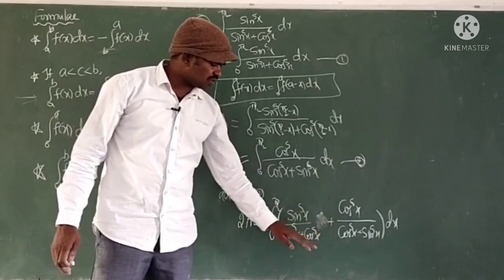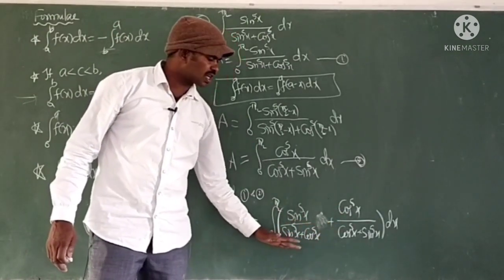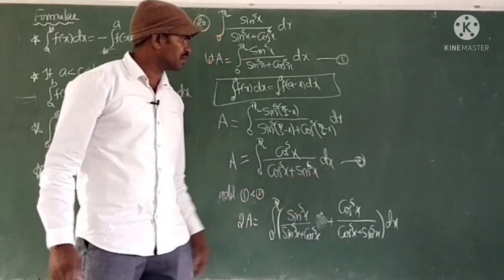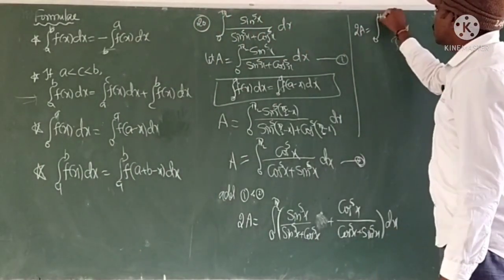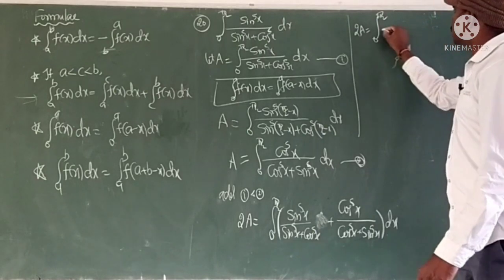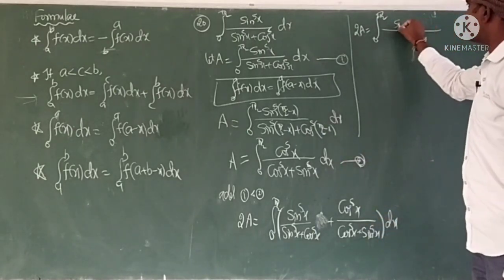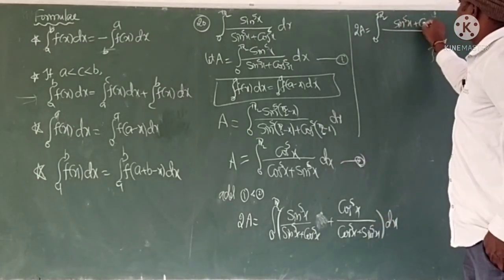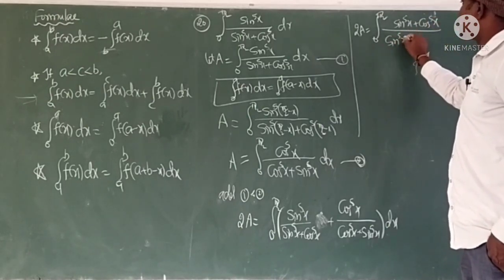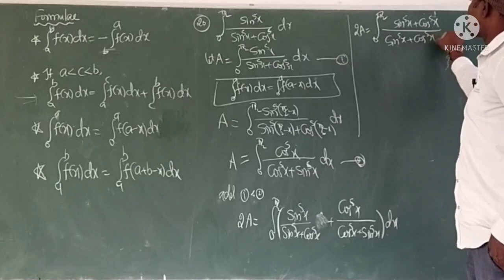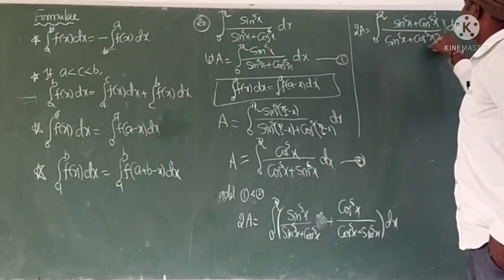Now how to add these terms? The denominators are same, so the LCM is the denominator and the numerators can be added. So 2a equals integration 0 to pi by 2, numerators sin power 5x plus cos power 5x by sin power 5x plus cos power 5x dx.